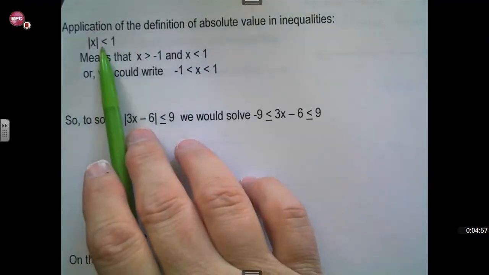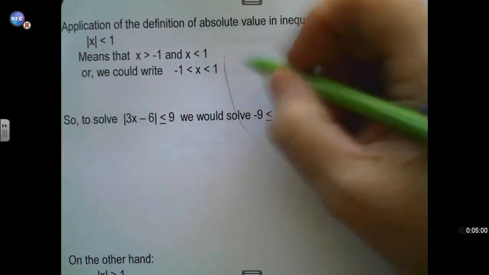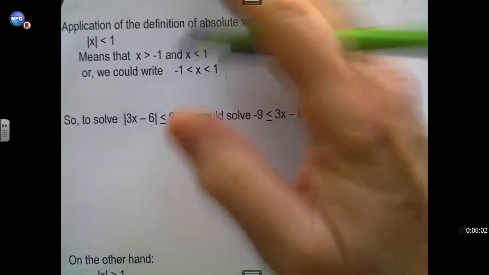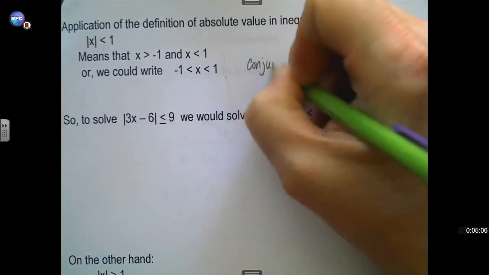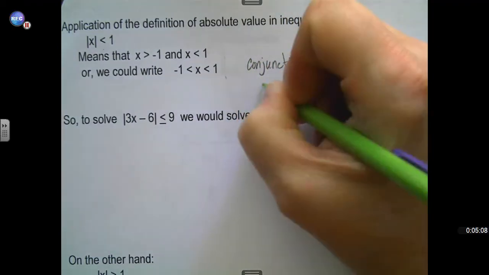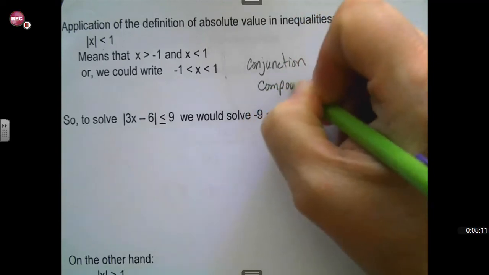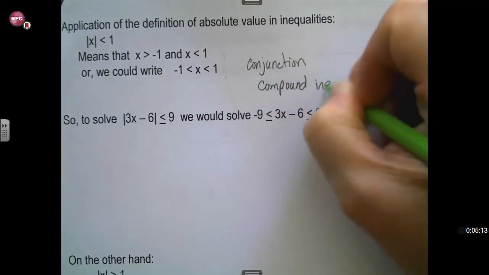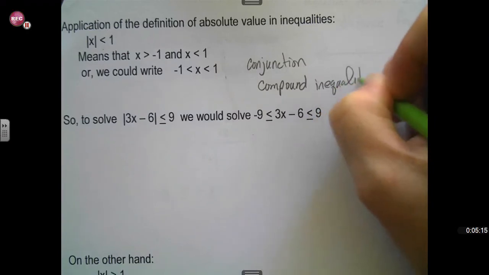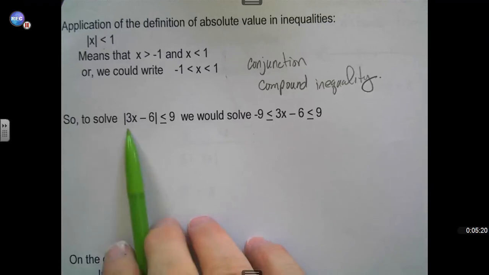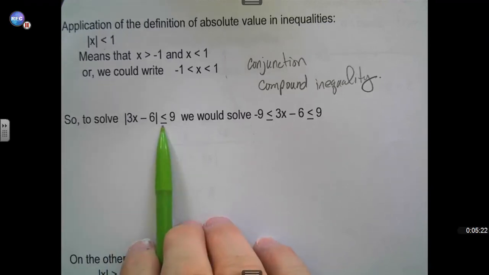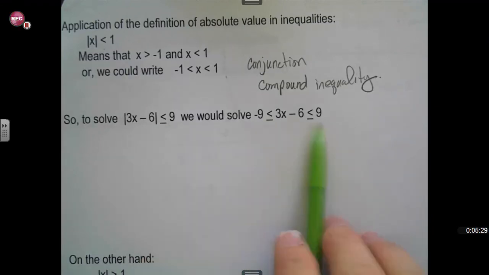When it's a less than, I prefer to write it as we talked about, a conjunction. It's that type of compound inequality. So to apply the definition of absolute value, we will write this compound inequality as a conjunction.